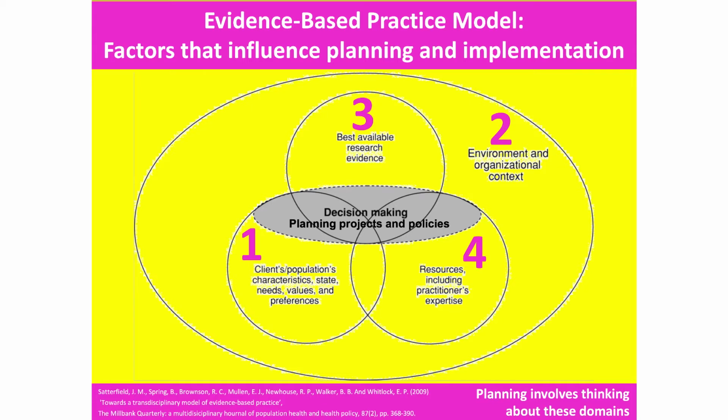And this is overlain by the decision-making circle. This is the point where all three elements come together and we make a decision about how we are going to design, deliver and evaluate the project. And around these four elements is the environment and organizational context, which influences all these other factors.